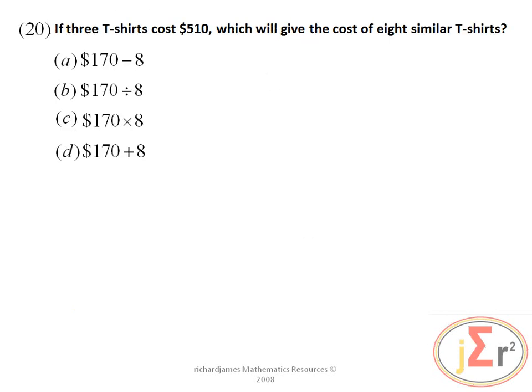If 3 t-shirts cost $510, which will give the cost of 8 similar t-shirts. Not 8 smaller t-shirts, 8 similar t-shirts. So let us use a simple argument to solve our problem.